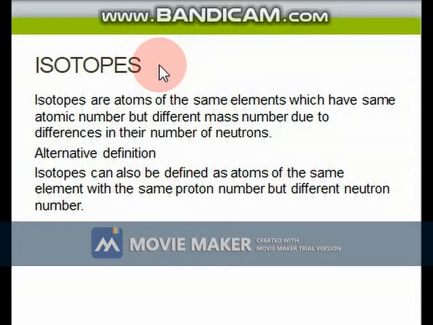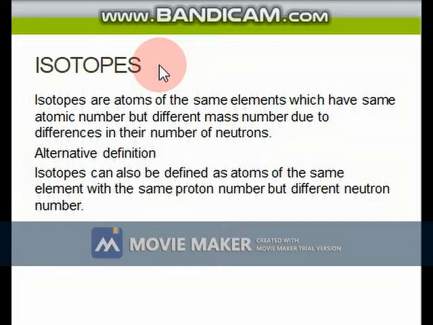Some elements may be slightly different from others, just like non-identical twins. So isotopes are atoms of the same element which have the same atomic number but different mass numbers due to differences in their number of neutrons. That means the number of neutrons varies from one atom to another of the same element. That is where the mass number becomes different.